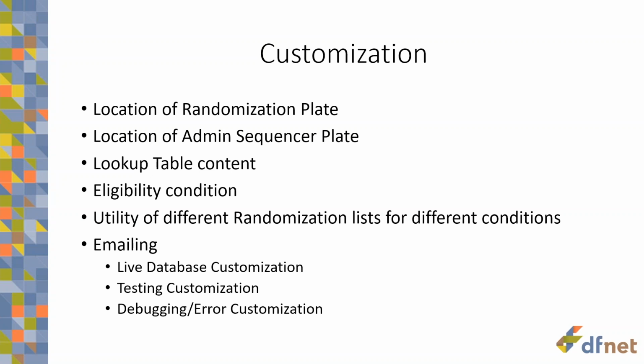Testing customization, so who gets emails during the process of testing, because you don't want to be sending a mass of emails to the unblinded pharmacist while you're just testing the system. And debugging error customization, so who gets emailed if something was not appropriately set up, if someone's permissions didn't allow them to see the admin sequencer plate, who gets the email to be notified about these issues.